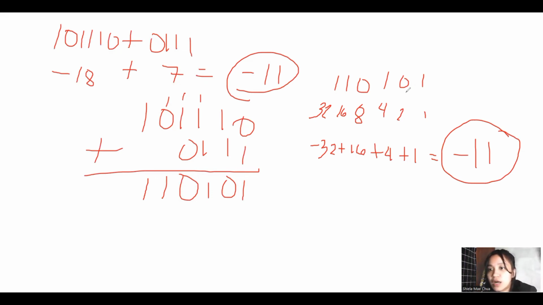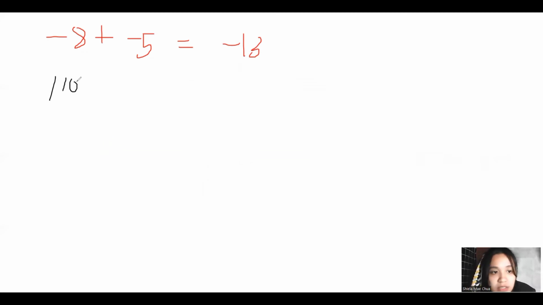Now, let's go with our last case, which is the addition of two negative numbers. So if we have negative 8 plus negative 5, we should have an answer of negative 13. And the negative 8 corresponds to this binary number 1, 1, 0, 0, 0, plus the negative 5 corresponds to 1, 1, 0, 1, 1.